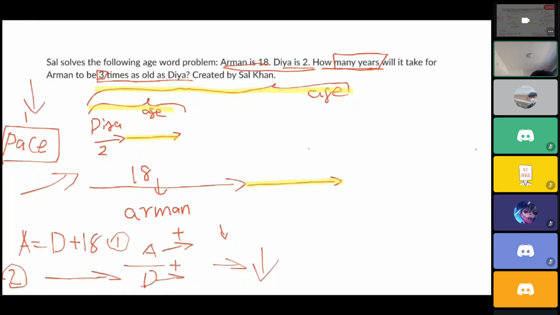The top two curved lines, the ones labeled with age. What is the relationship between this one and this one? In terms of length.